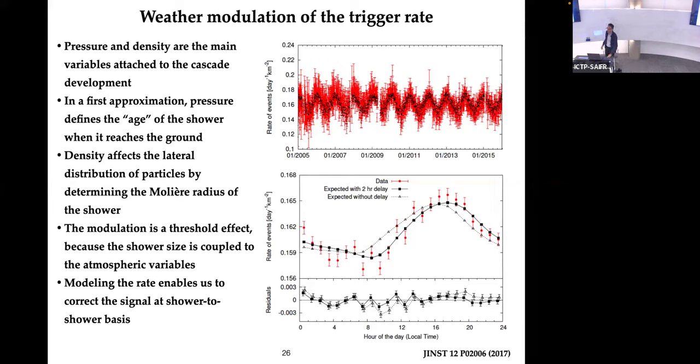This effect is important because if you had an isotropic flux and you don't account for it, that isotropic sky would be seen as a dipole towards the south pole. That's what this plot is showing.